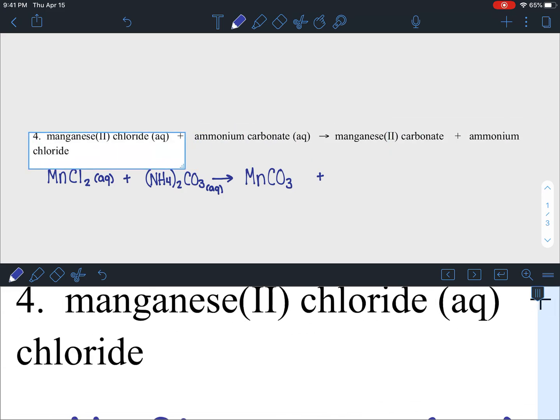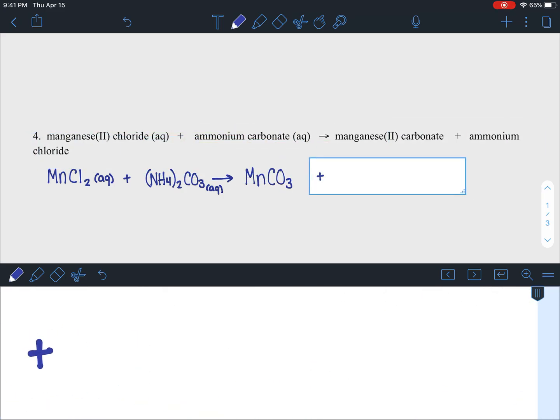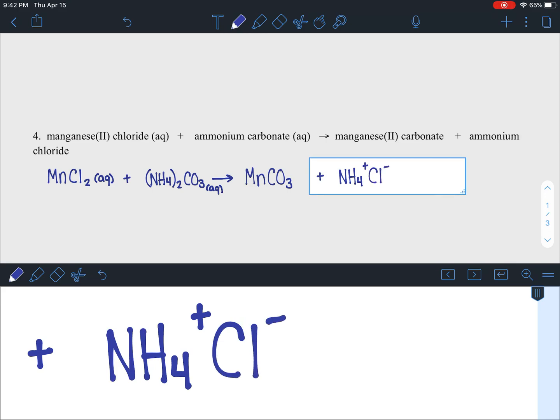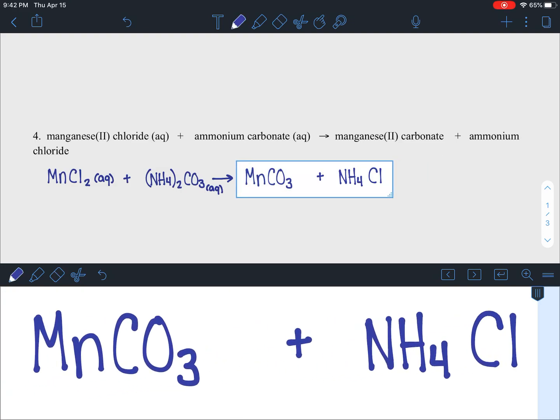And the last one I have is ammonium chloride. So again, kind of a nice little compound because you have NH4 and that had a positive charge, and then chloride had the minus, so those charges cancel out and we don't have to do anything else with that. So looking at my solubility rules and looking at the rules for carbonate, MnCO3 is going to be a solid.